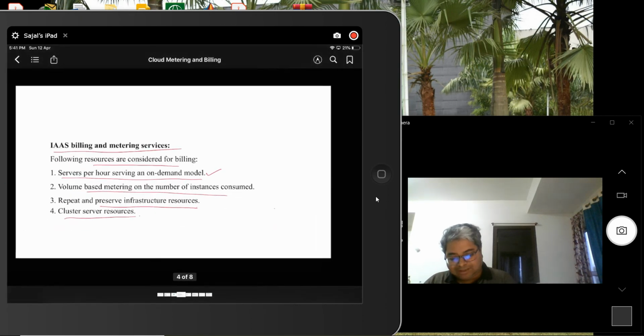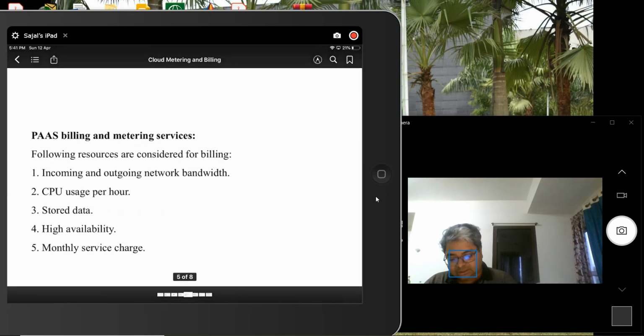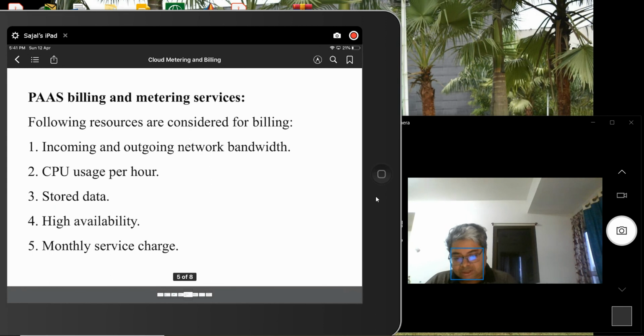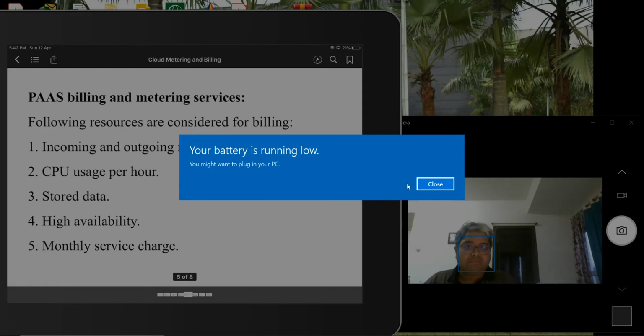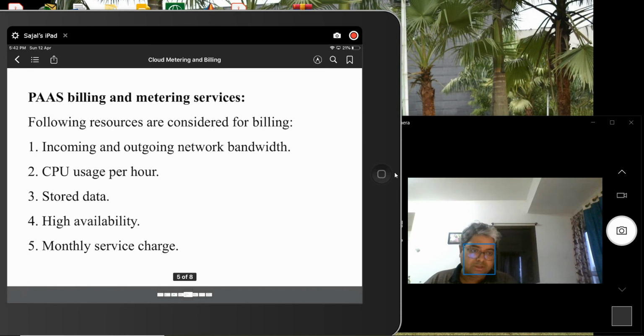Now for the PaaS services, what are the significant parameters that we need to consider at the time of calculating your billing and metering procedure? As we already know, a PaaS service is basically serverless computing, where we create a platform for the user, where the user will create the entire apps.